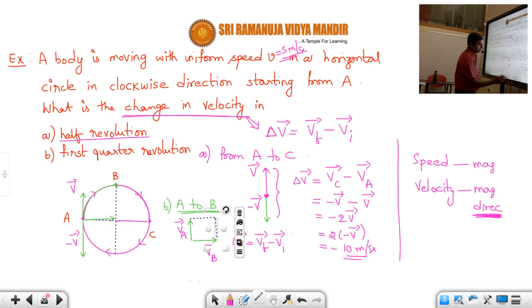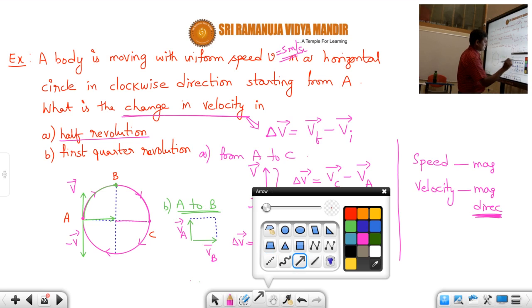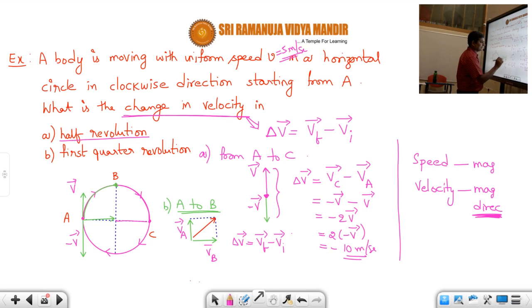If you draw the parallelogram, then the diagonal is the resultant, called the change in velocity, students. We can write this as Vf plus of minus Vi, students.